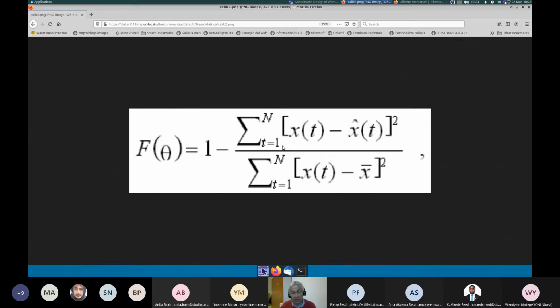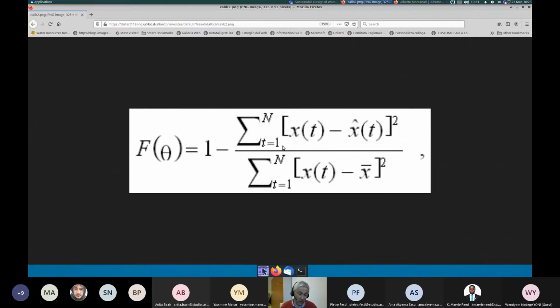Good. So we have an overall range of variation of the right-hand side between minus infinity, because I said that the ratio may go to infinity if the model is infinitely wrong. So the range is minus infinity to 1, where the interval of interest is between 0 and 1.